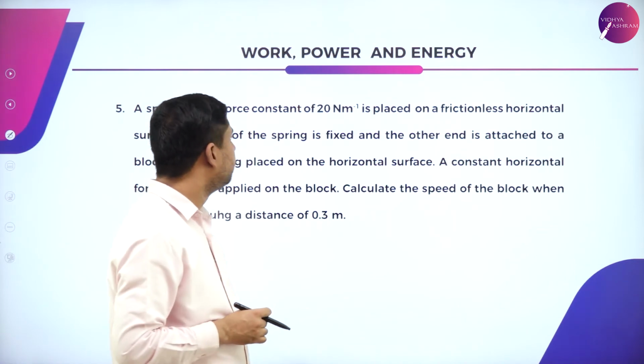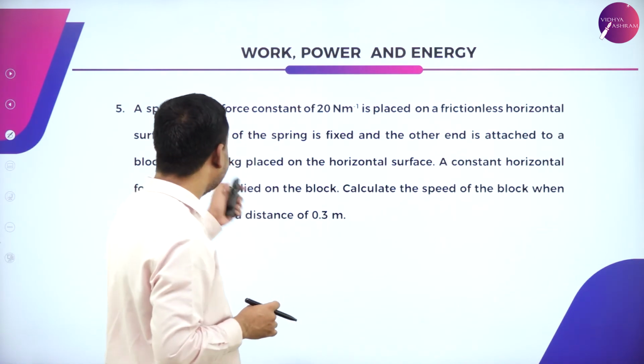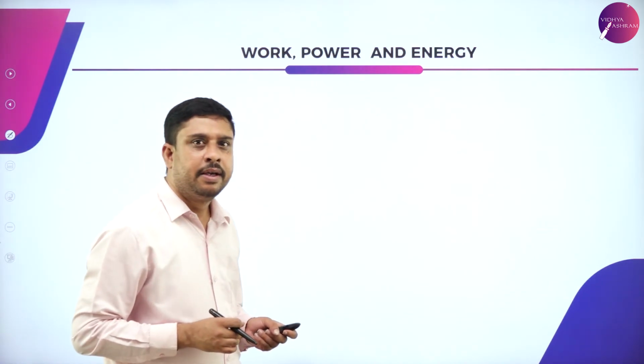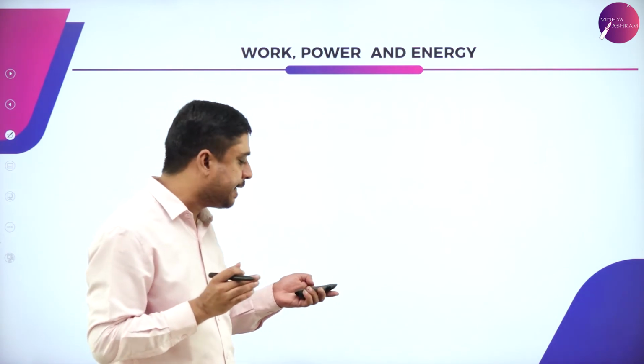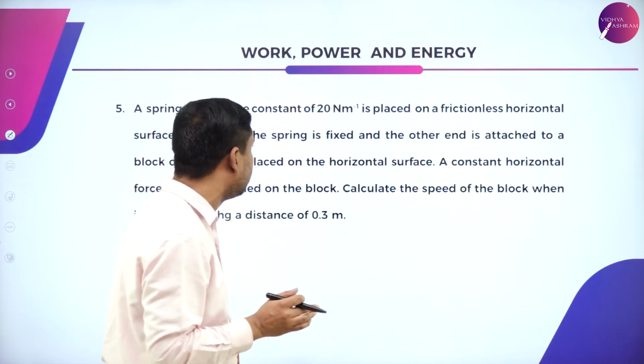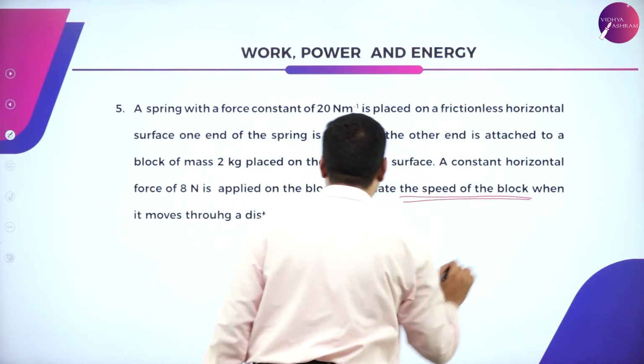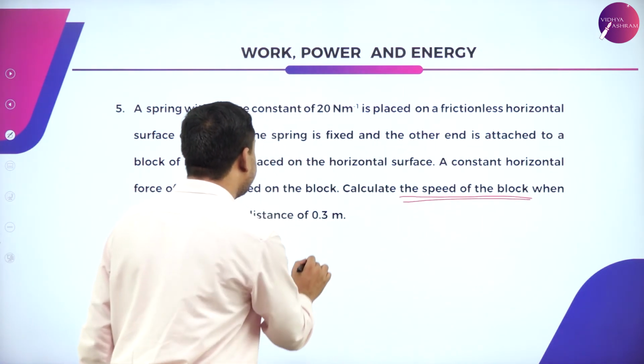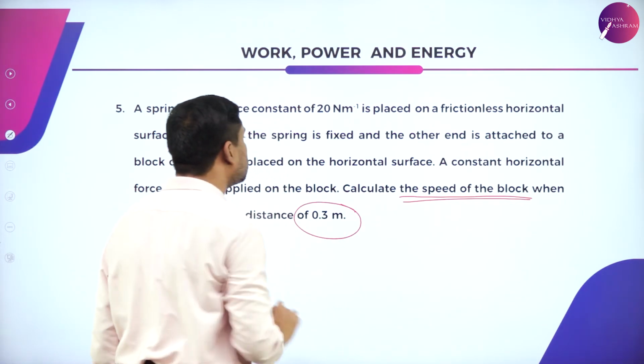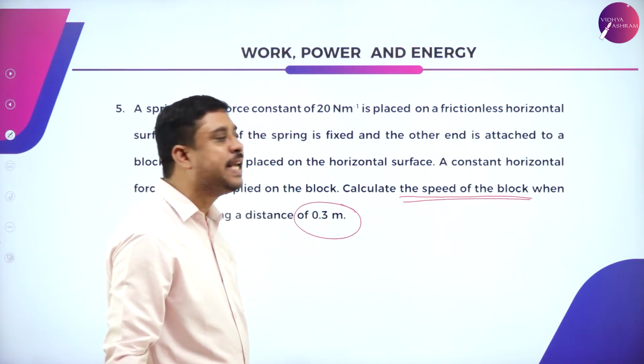The last one. Here, if you are trying to understand the problem, I have to calculate the speed of the block when it moves through a distance of 0.3 meters.